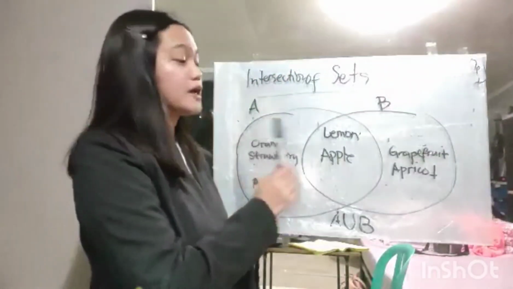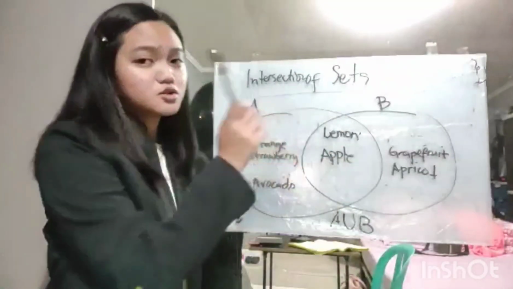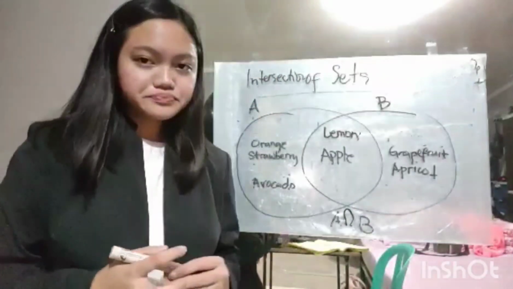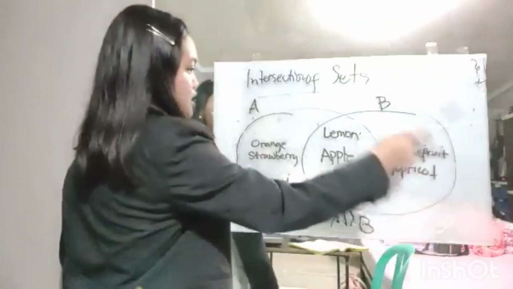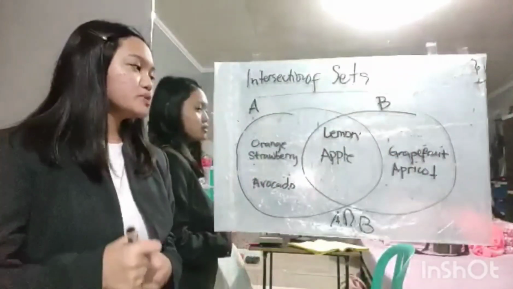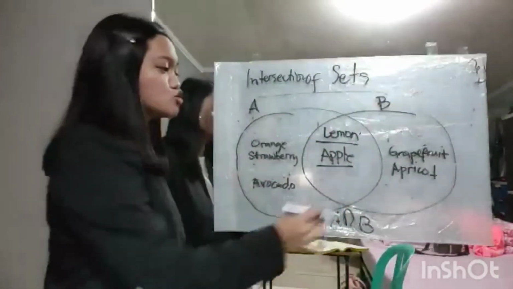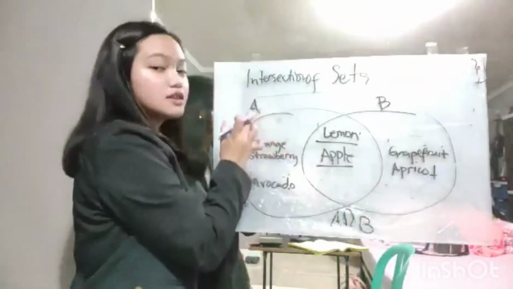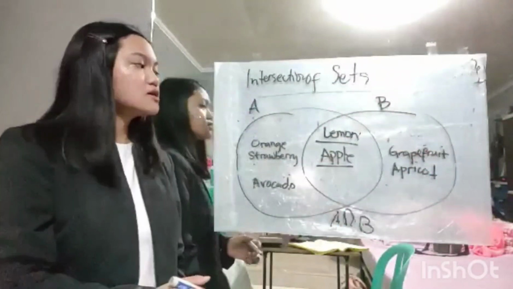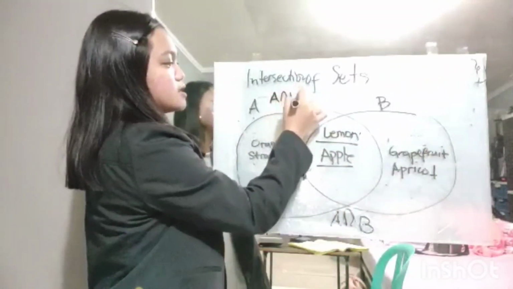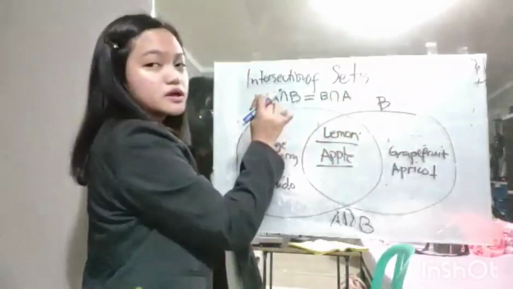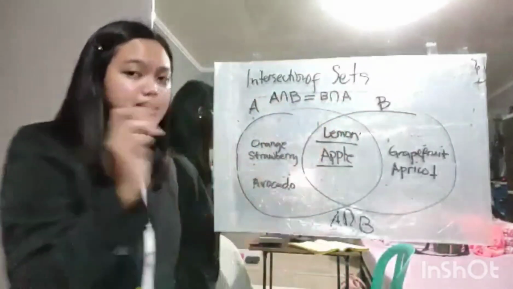Now we will observe the intersection of sets A and B. A intersection B is denoted by A intersects B. In this area, the result will be lemon and apple, because these two are the common elements of set A and set B. A intersects B is equal to B intersects A, so the result of these two is the same.